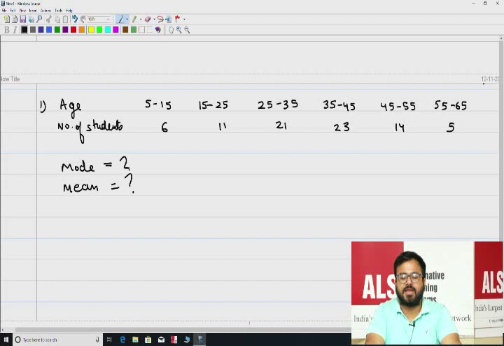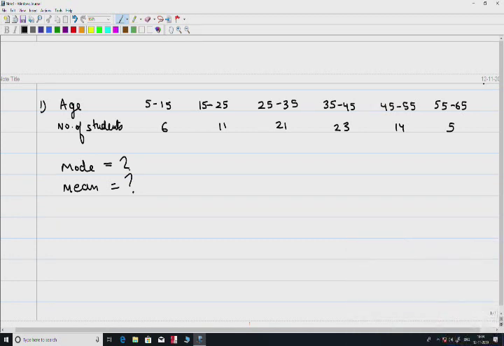You can find it by any method. The mean you can find by any method, whichever is suitable to you. And do it properly, don't do any mistake, because we have done so many questions till now.